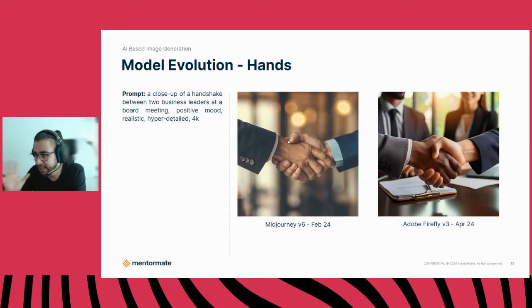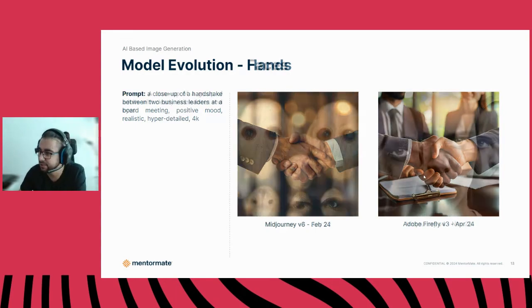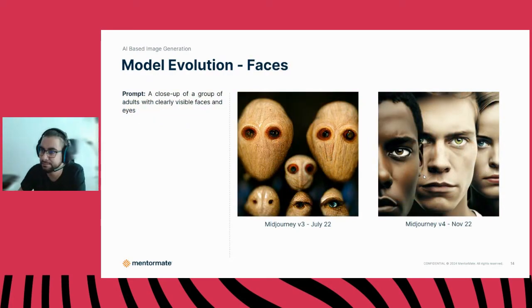The latest Adobe also has the right amount of fingers, and again, we see a higher level of diversity between the people that we see. Because I haven't specified, I just said 2 business leaders, right? Midjourney just assumes that 2 business leaders means white men. Adobe Firefly pushes for this diversity. So an interesting take on this. We're going to see more in a second.